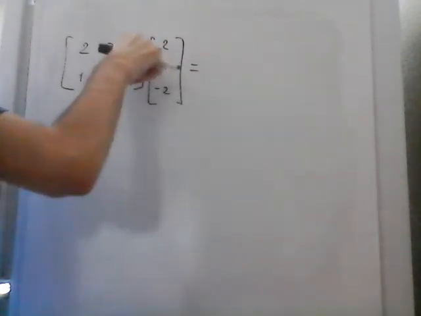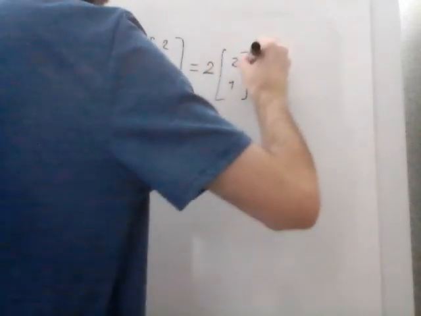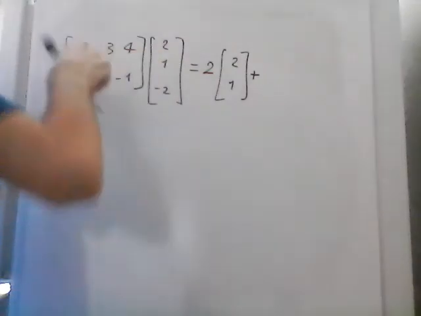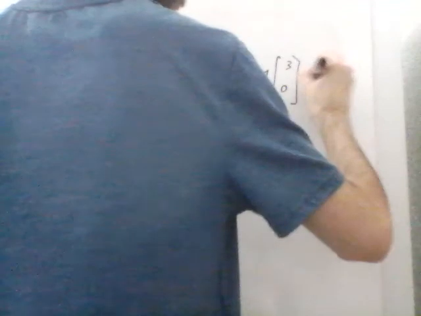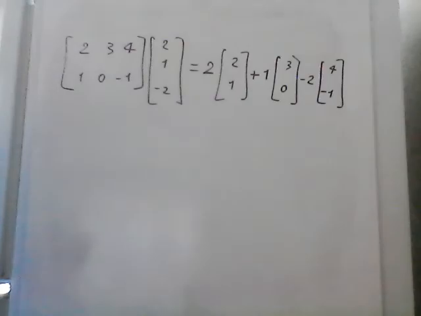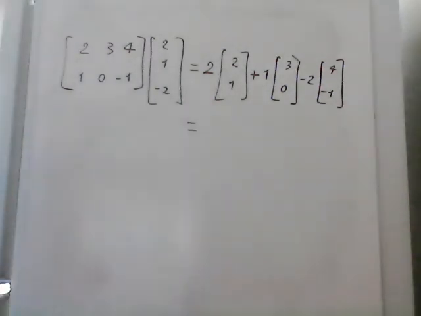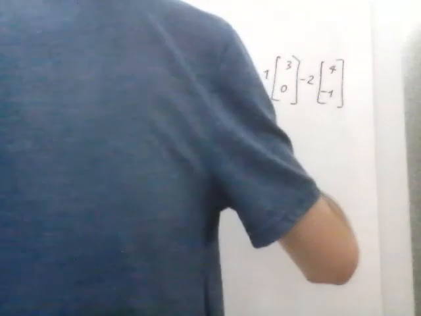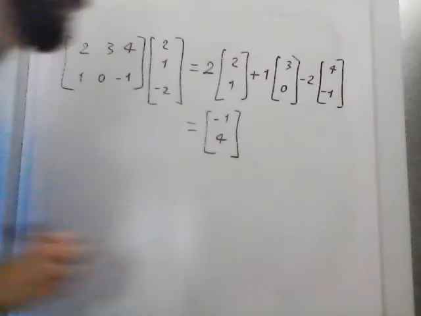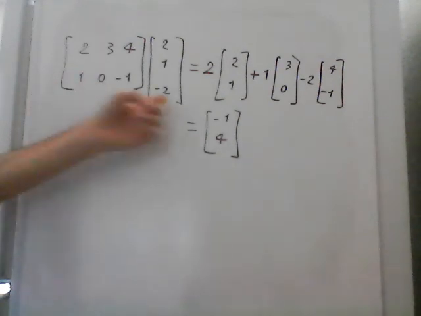So we have 2 times the first column, (2, 1), plus 1 times the second column, (3, 0), plus negative 2 times the third column, (4, negative 1). And it turns out that if you compute this linear combination, you get exactly (negative 1, 4), which is the result of multiplying this matrix by this vector.